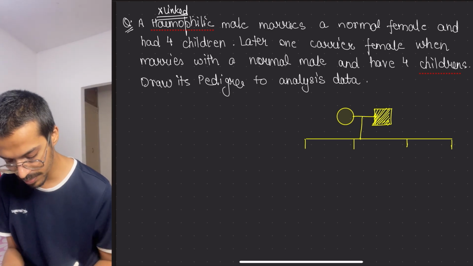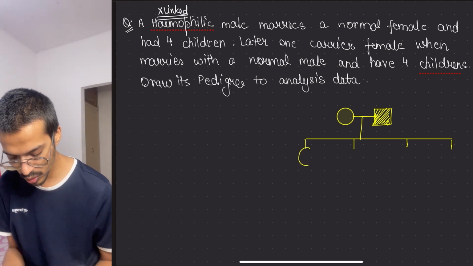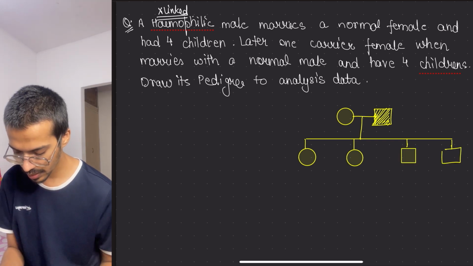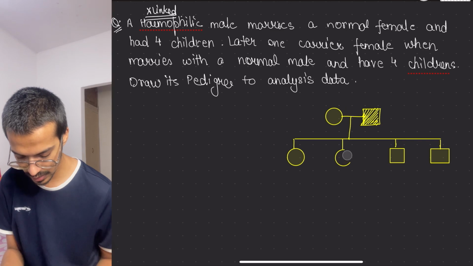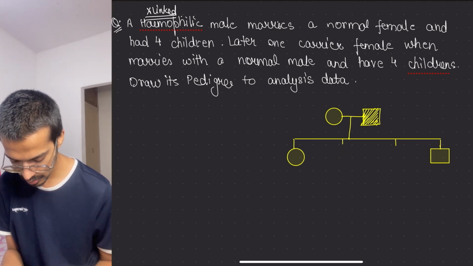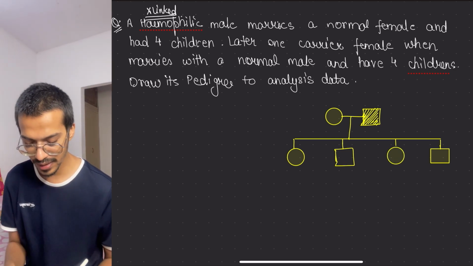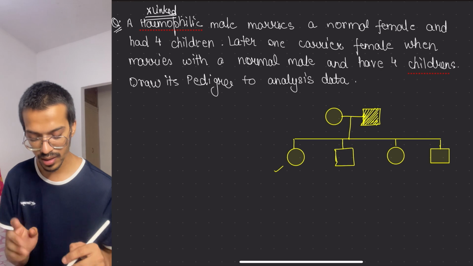Okay, let's just simply make the thing first. So I made it like this, 50-50. Or maybe the better one would be like this, and this. Okay, this way. Now out of which there will be one carrier female, either this or this, and she marries.